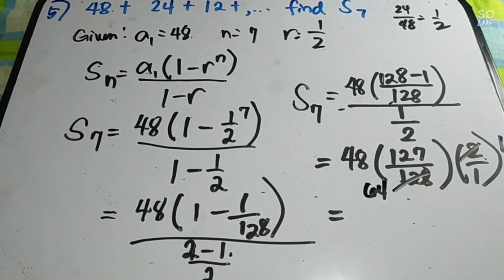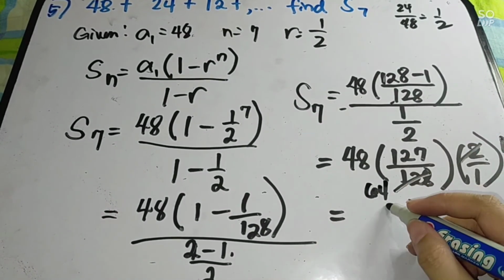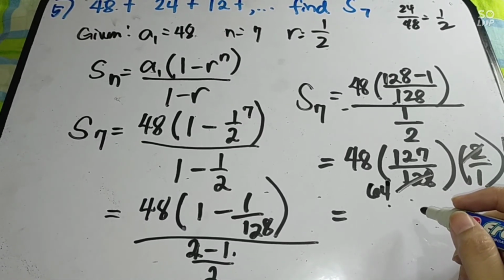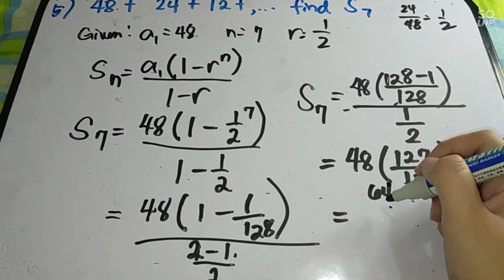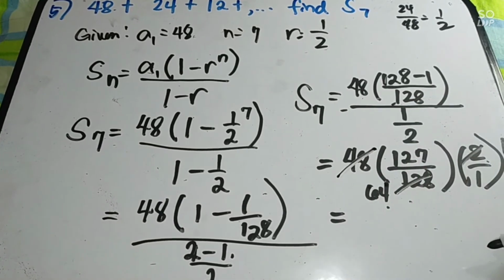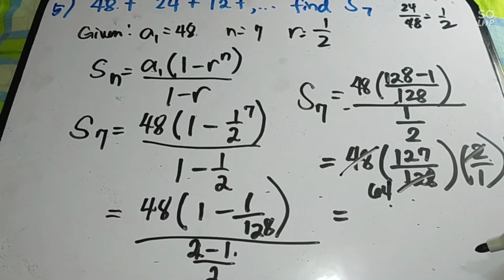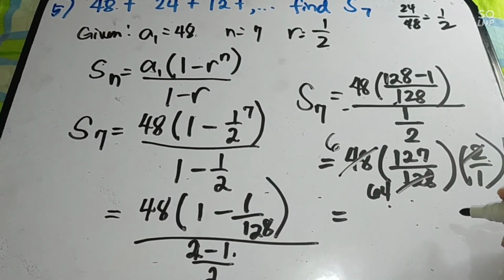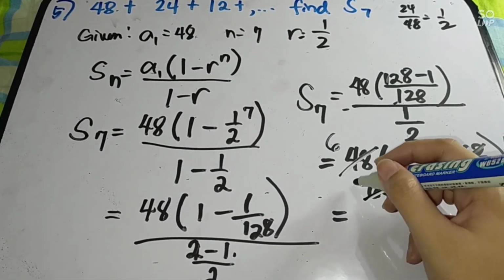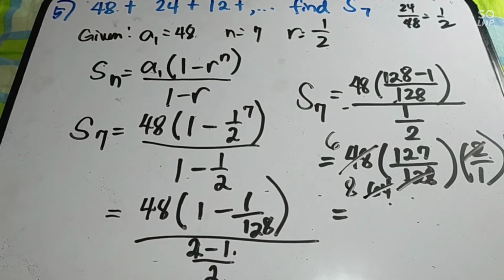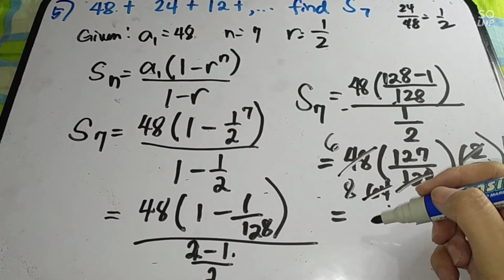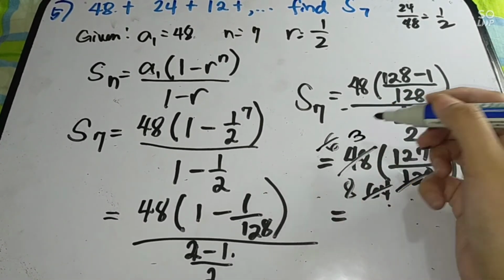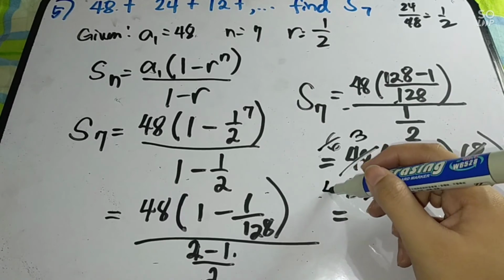Ayan. Then, si 48 at saka si 64 divisible din. So, ang pinaka-greatest common factor nila, we have here 8. Divisible to sa 8. Diba? So, si 48 magiging 6. And then, si 64 magiging 8. Ayan. Okay? Si 6 at saka si 8 po pwede pa by 2. So, si 6 magiging 3. Si 8 magiging 4.